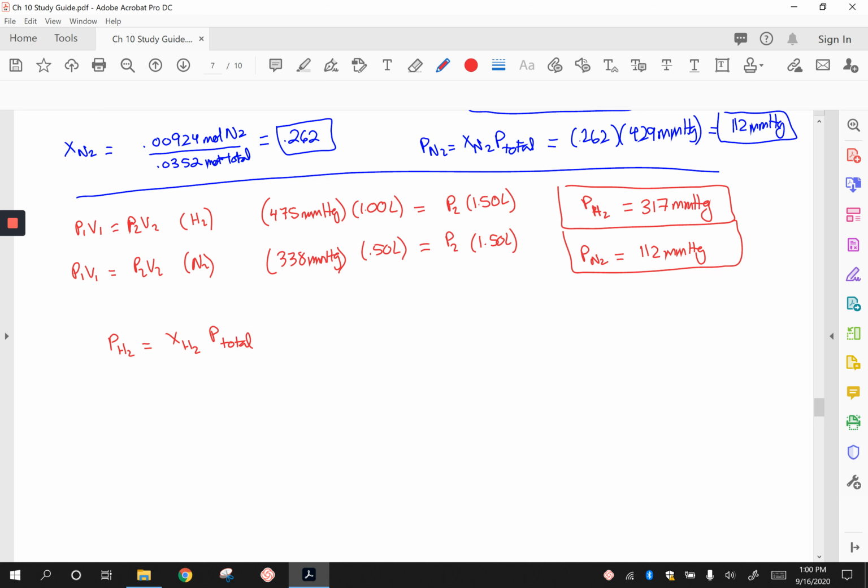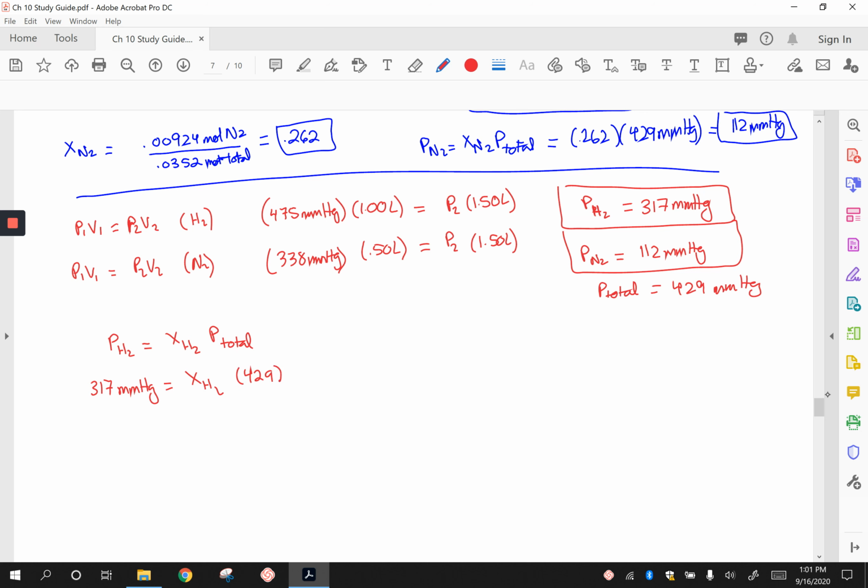The partial pressure of the hydrogen was 317 millimeters of mercury, we found out. We need to find the mole fraction of hydrogen. What about P total? Well, these are the new pressures, right? So if I add those up, that's going to give me P total, which is 429 millimeters of mercury. So I can plug that here.